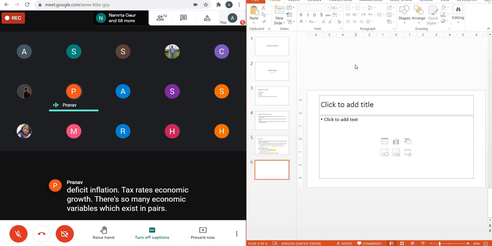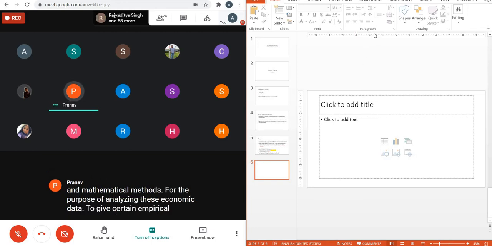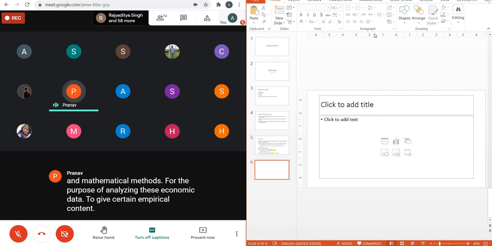And econometrics is essentially concerned with the application of these statistical and mathematical methods for the purpose of analyzing these economic data, to give certain empirical content to the economic theories that the researcher built, and then decide whether to keep this theory or refute the theory.